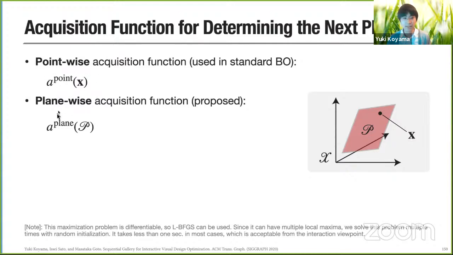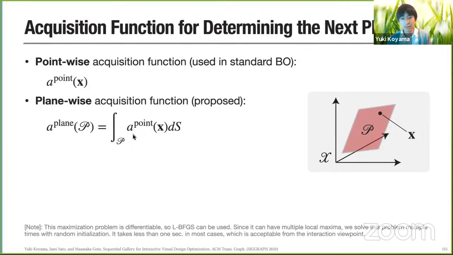Then we write the proposed plane-wise acquisition function as a plane, and this takes a plane as input and then evaluates its effectiveness. We propose to define it as a straightforward surface integral of the point-wise acquisition function.